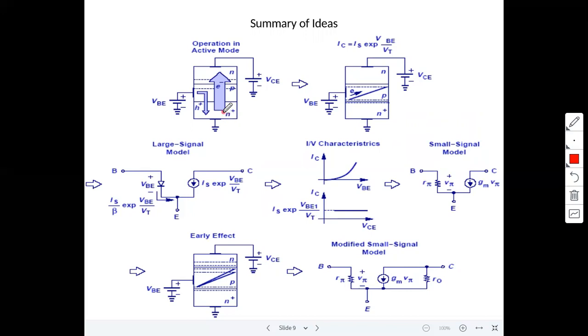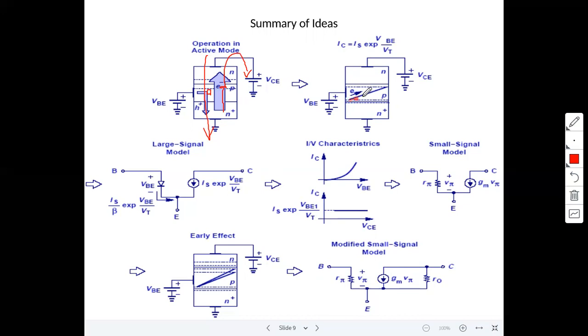Here the electrons are the majority carriers in N plus, so a large number of majority carriers cross the junction. Due to the large electric field, these majority carriers are simply attracted towards the positive plate of the battery. This is the electron movement, and this is the conventional current direction. During the travel, less than 5% recombine with holes in the base region.